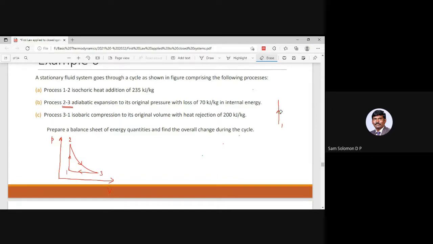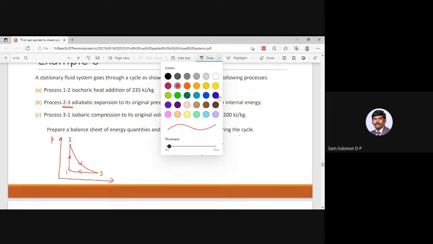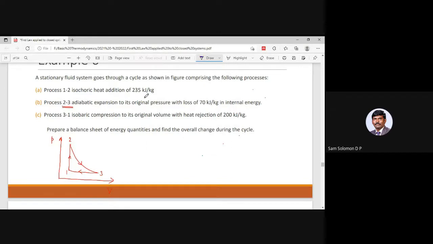So the processes are given, and now let's read through and see what needs to be done. For process 1 to 2, isochoric heat addition of 235 kilojoule per kilogram. So there is a heat addition during this Q12, which is positive.